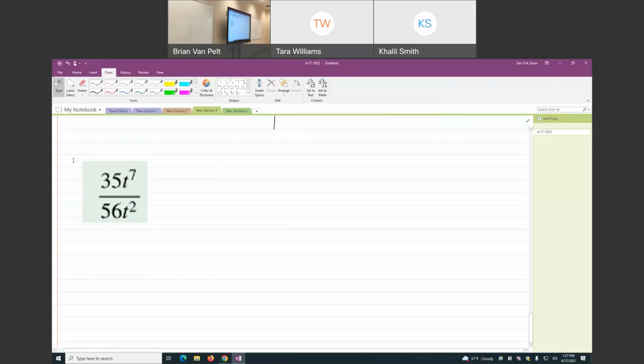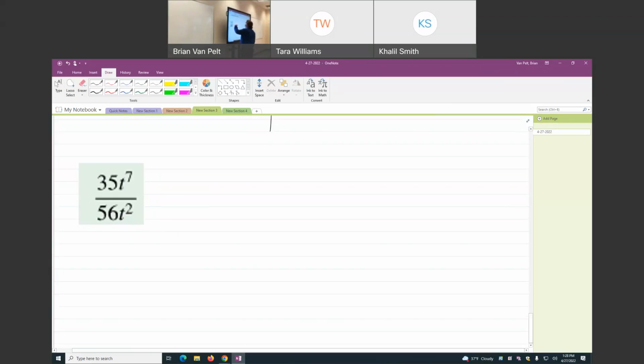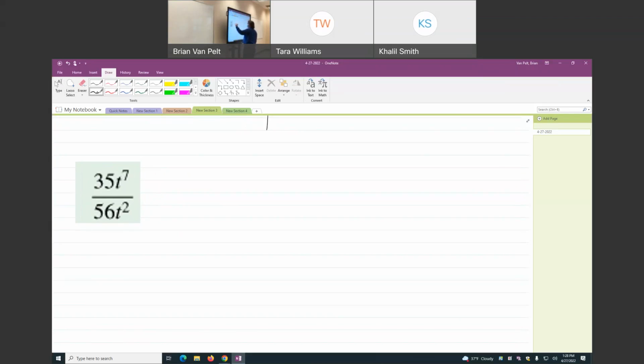All right, so the same game here is you want to simplify as far as you can. Only positive exponents should be left. If you find it difficult to start, which I think you're doing... No, those are t's.